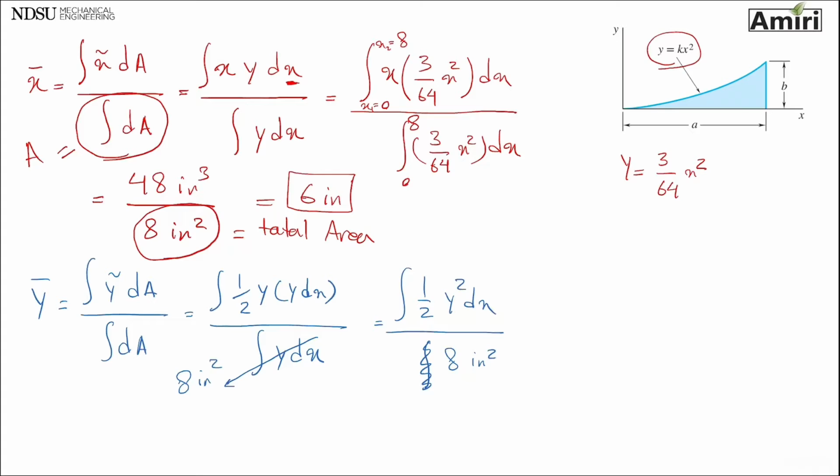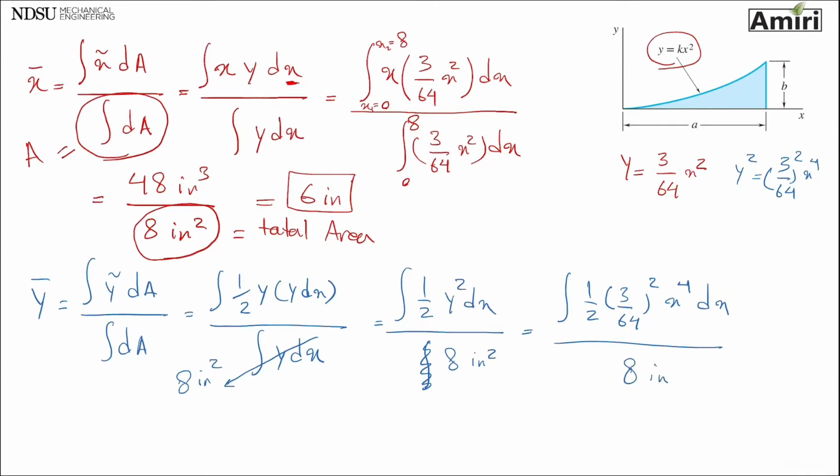And I have to replace my y squared like that. So I'm going to replace it. So I'm going to have half times 3 over 64 squared x to the fourth dx over 8 square inch.